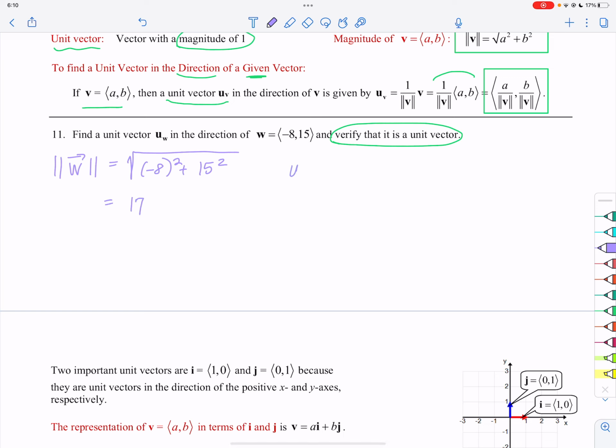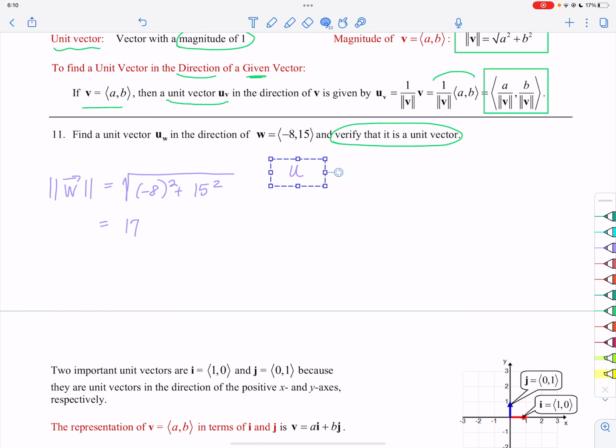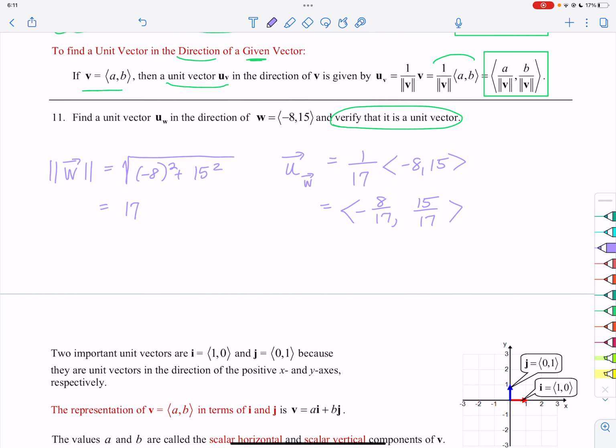So this unit vector in the direction of w is equal to 1/17 times vector w. And that's equal to negative 8/17, 15/17.